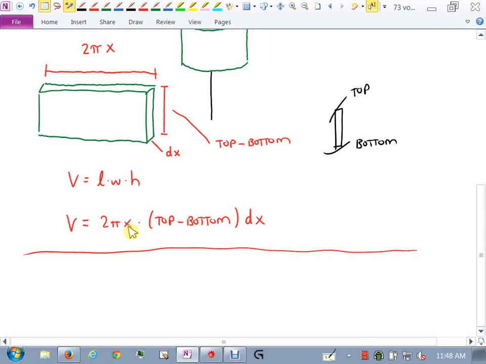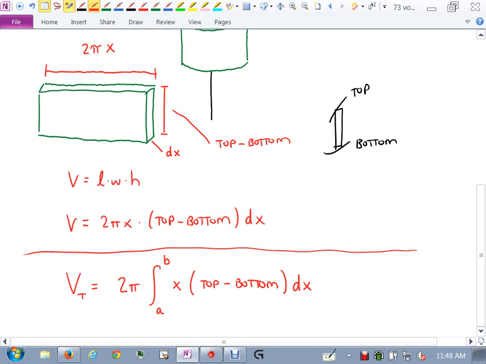So the total volume, V sub t, is going to be 2 pi, the integral from a to b of x times top minus bottom, dx. If you want, we could label the top one f and the bottom one g, and then this would be f minus g, if it makes you happy to do it that way.